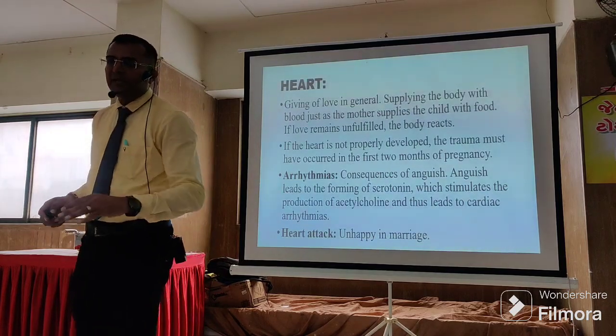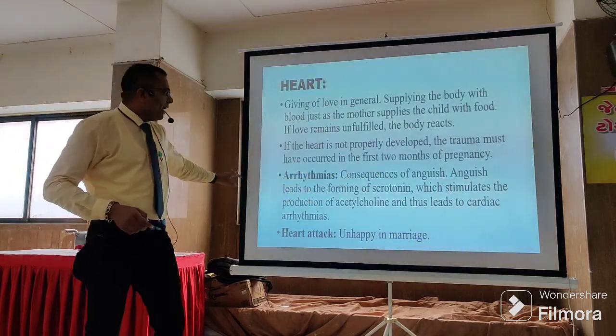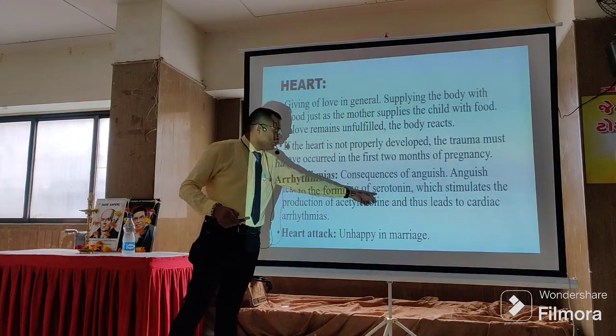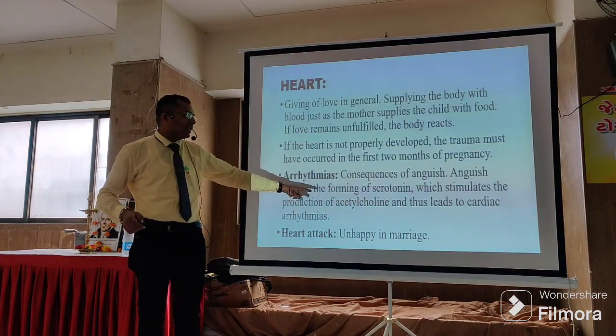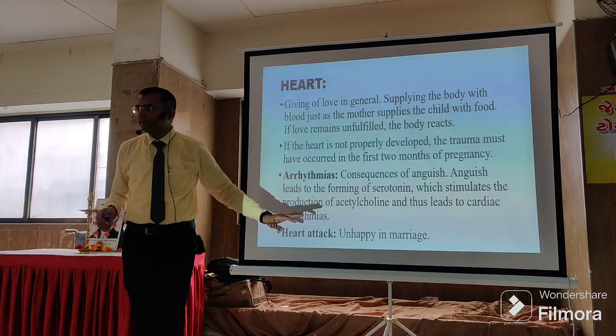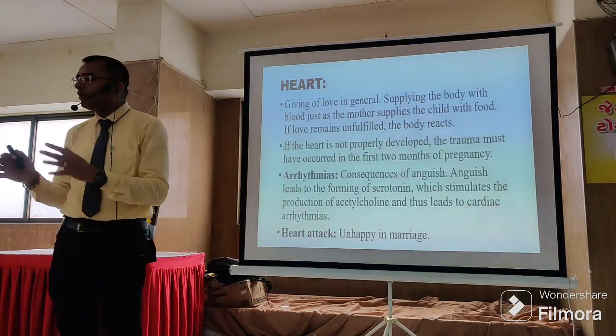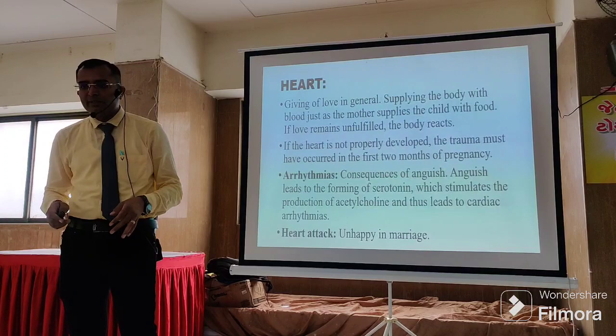So this is arrhythmia. Okay? And sometimes the anguish can be caused by the forming of the serotonin. It also stimulates the same acetylcholine and leads to cardiac arrhythmia. So adrenaline and serotonin both are giving rise to hyperfunctioning of the heart.